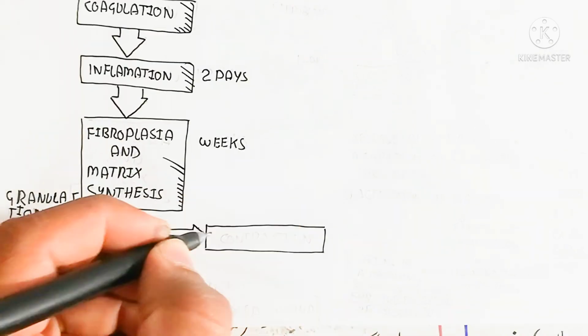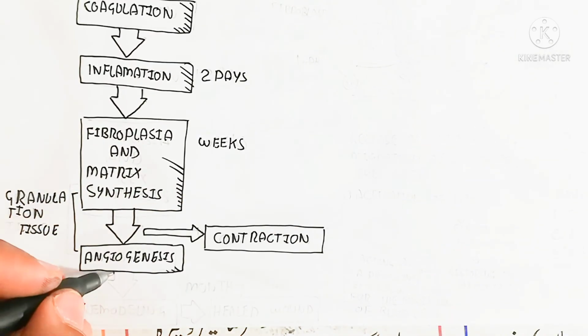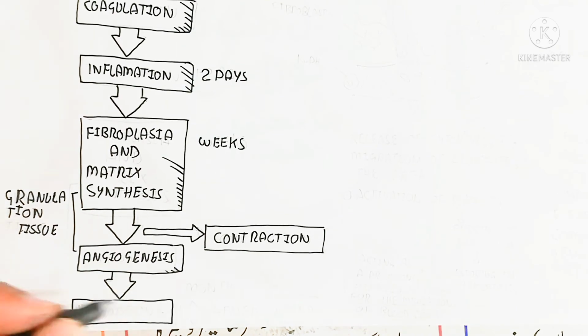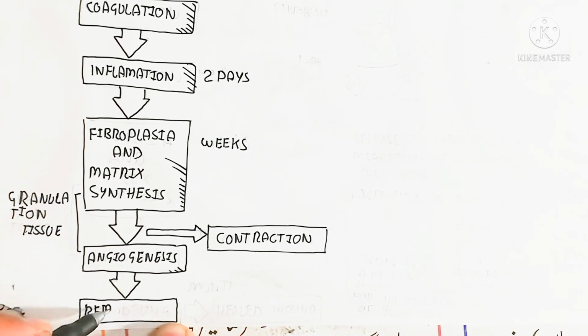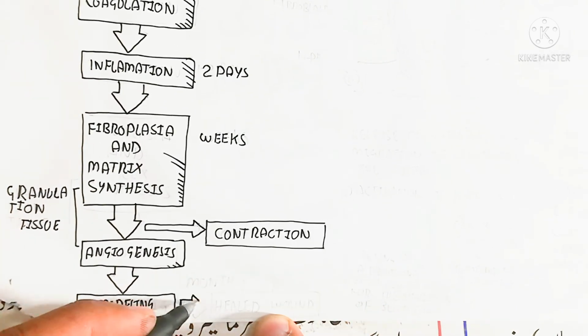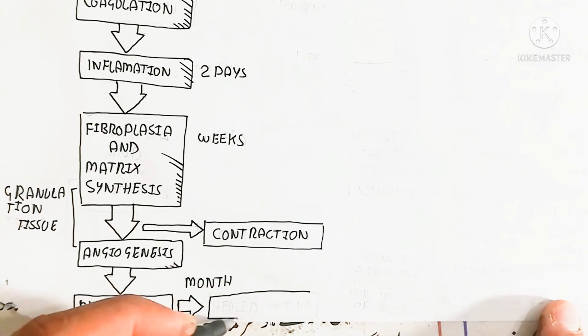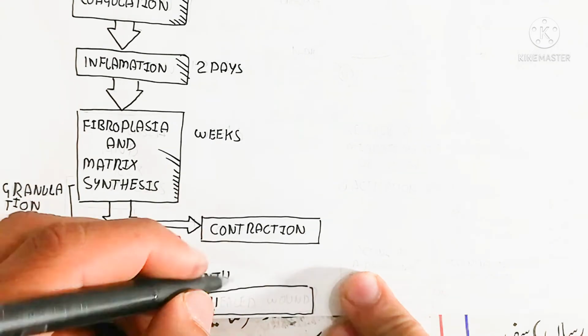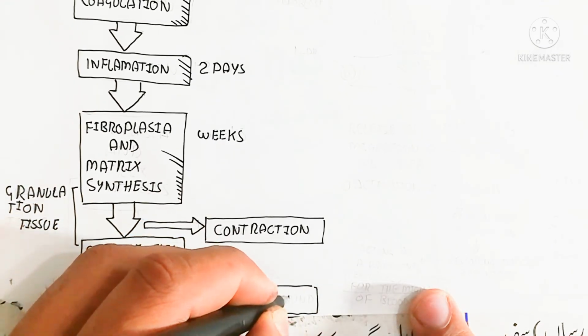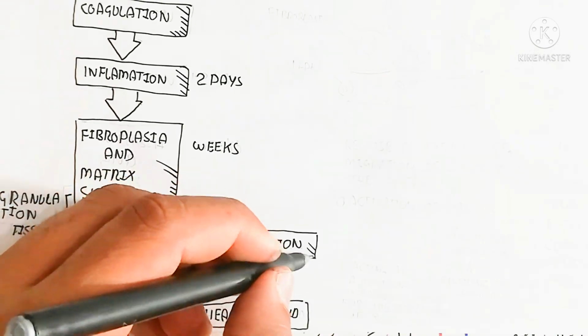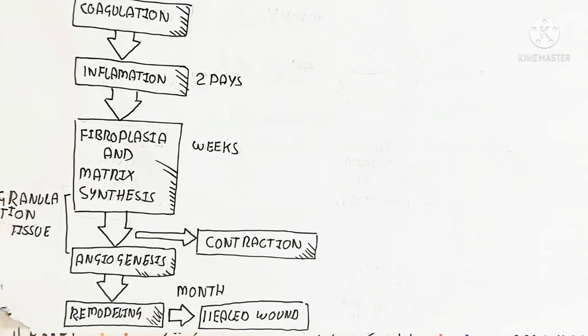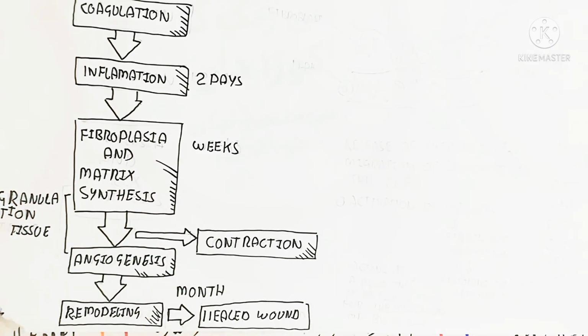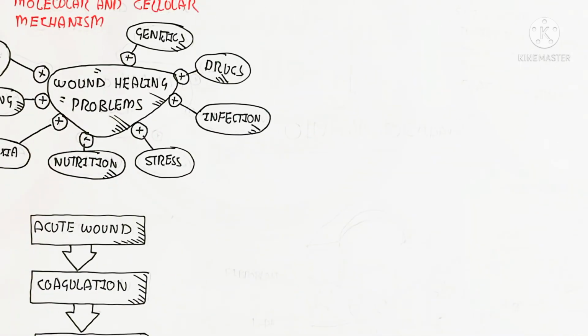Contraction due to the fibroblast and matrix synthesis will lead to contraction of the wound, and remodeling within the month, and a healed wound will occur. So in this way there are three important phases to learn for wound healing. Let's begin to understand.